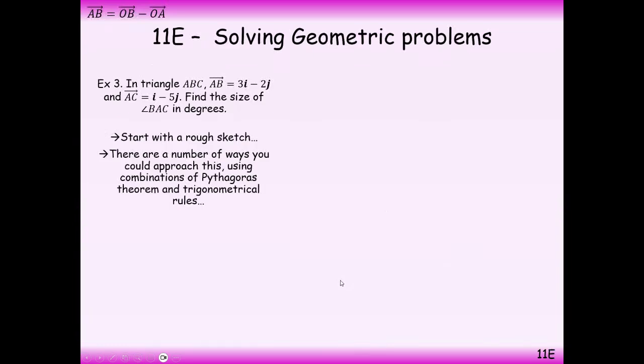All right. So in this next example, example 3, we've got a triangle. We've been told two sides of this triangle. The triangle is ABC. We know the vector A to B and the vector A to C. What we don't know is the vector B to C. We've been asked to find the size of the angle BAC.